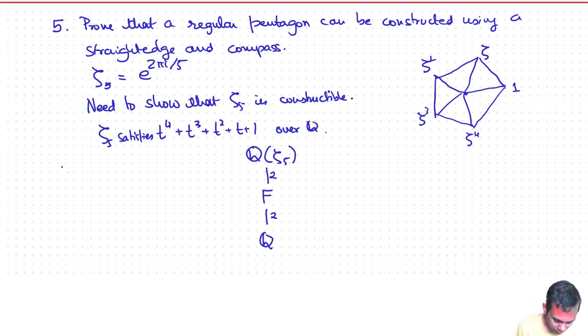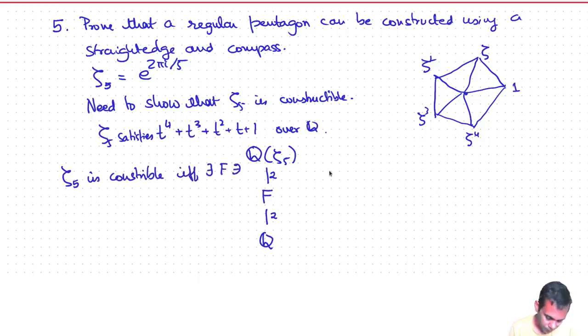So zeta 5 is constructible if and only if we can find this F such that this holds, i.e. F lies between Q(zeta 5) and Q, and F is degree 2 over Q and Q(zeta 5) is degree 2 over F. So we're looking for this kind of a field.